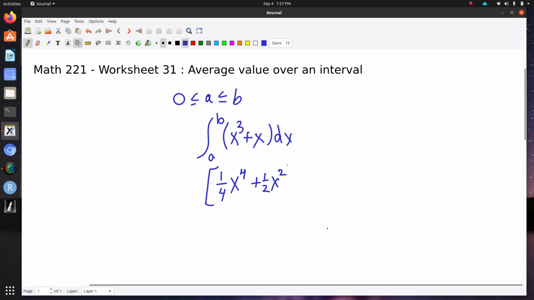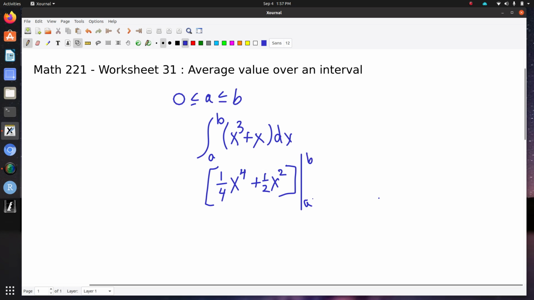And the way we often write this is we put a line here to indicate that we haven't plugged in the endpoints yet. To be most explicit, you can say x equals b and x equals a, but most of the time we don't need to be that explicit because we know what our independent variable is, and we just do something like that.